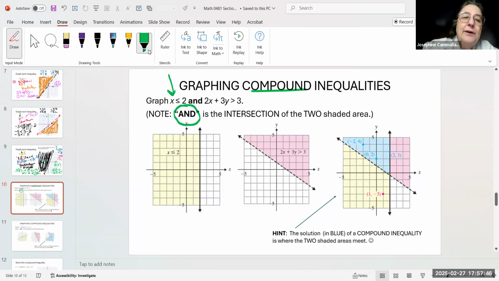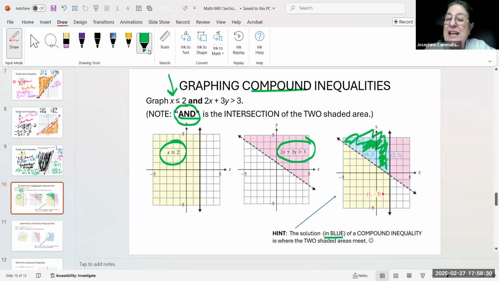I'm going to graph this inequality. Well, that's this part of the graph. Notice my yellow area? And then I'm going to go over to the pink area, and I'm going to graph it, but I'm doing it on the same graph. And because this is an and, where does the pink and the yellow come together? It comes together in this blue area.